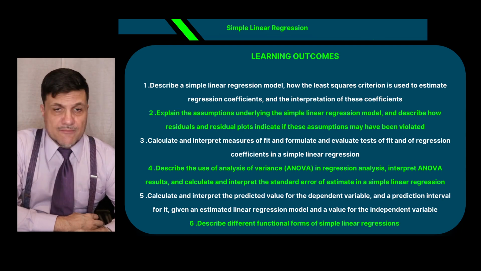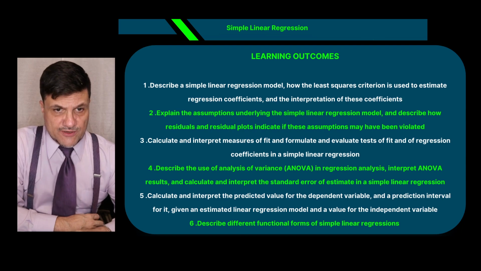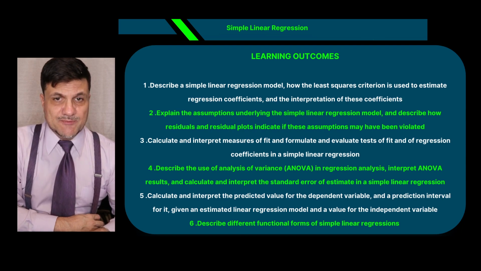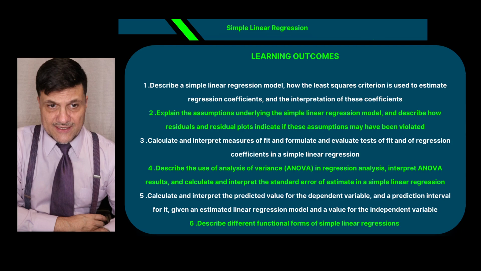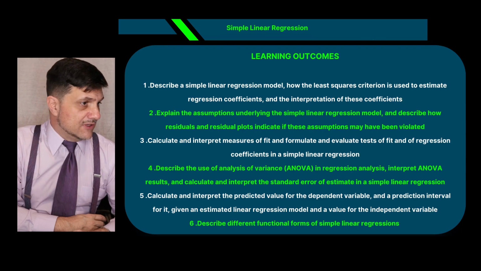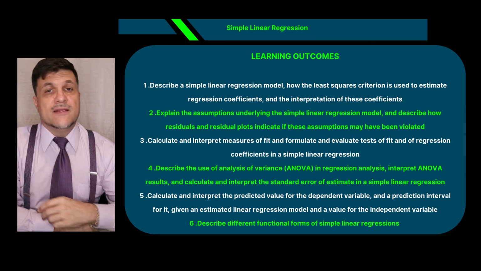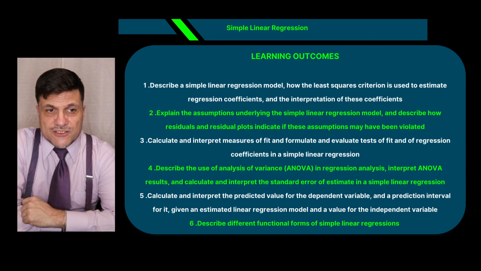I already mentioned the interpretation of the coefficients. Let's see the second one. Explain the assumptions underlying the linear regression and violations, right? Explain the assumptions and violations. That's what the second learning outcome is asking you to know. Well, assumptions, we're going to see a list of them here, but you should know.